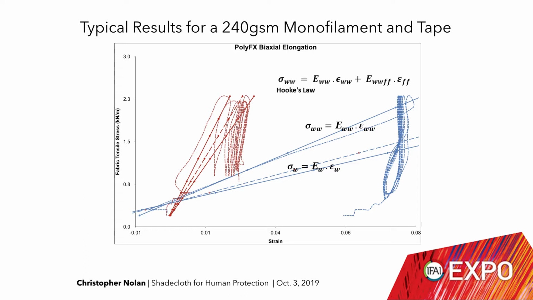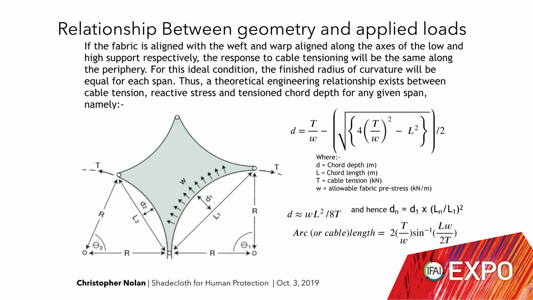Finally, we have the relationship between geometry and applied loads. Now this is useful for determining logically the process for setting out. And if you look at that particular diagram, which is supposed to be a plan of a high-pass structure, similar high-pass structure, and you look at the chord, the loading in the chord, the depth of the chord, the length, the radius of curvature, all of these things can be related with fairly simple equations. So the depth there, the chord length, can be shown, can equal that.